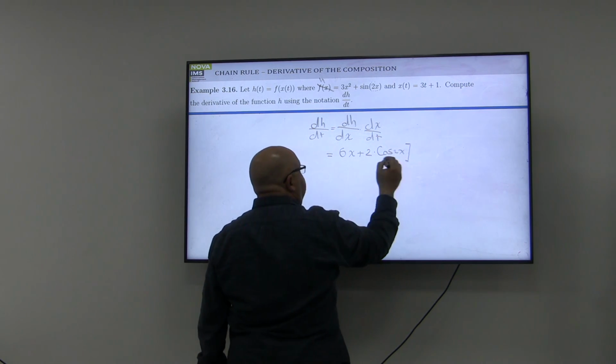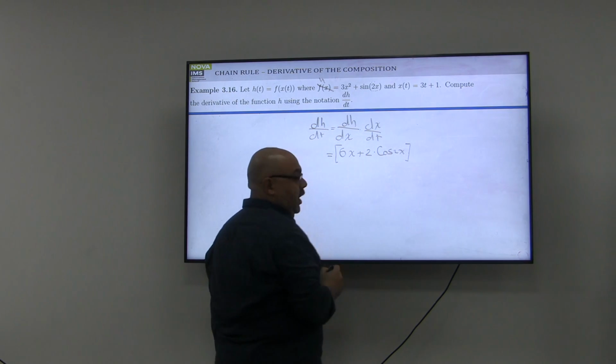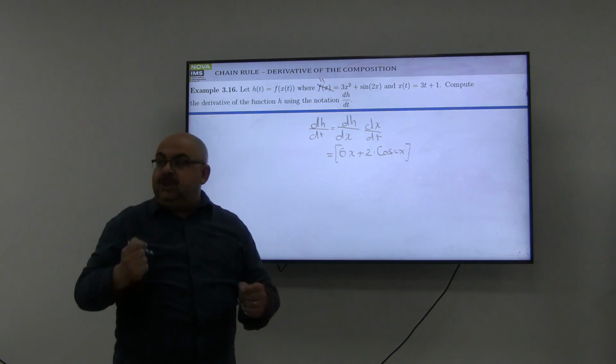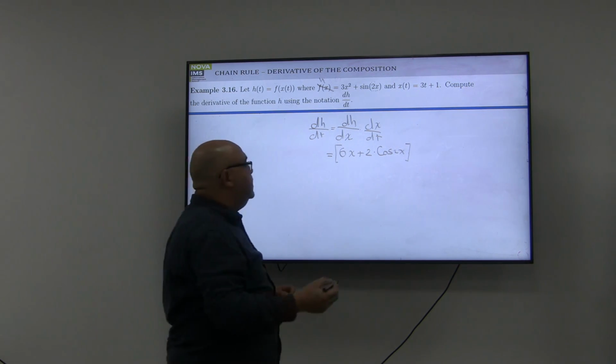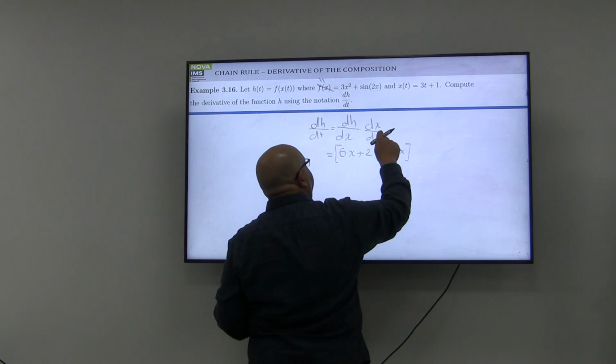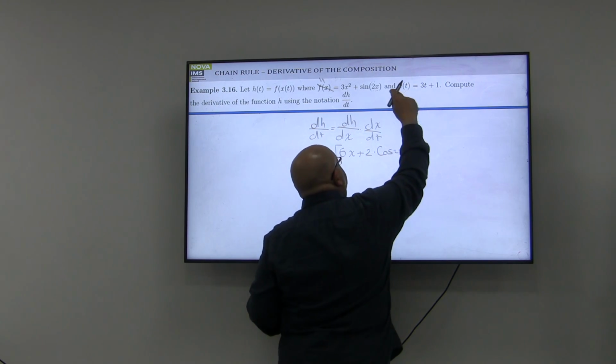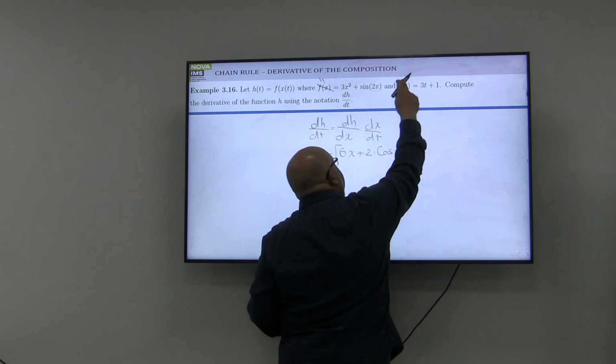This is the derivative of h with respect to x. Then I will put the function connecting x with respect to t, which means I will multiply by dx over dt. So this is the part that contains the x and t relationship.